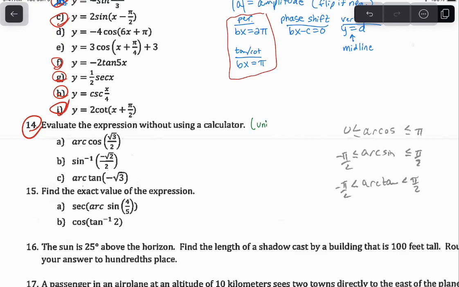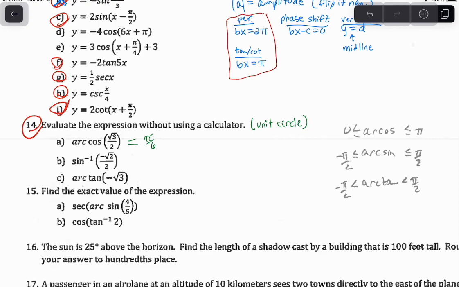That's because we're going to use our unit circle. And so the angle measure that does that, I want in radians. The angle measure between 0 and pi over 2, where the cosine is square root of 3 over 2, is pi over 6. So it's just knowing your unit circle.